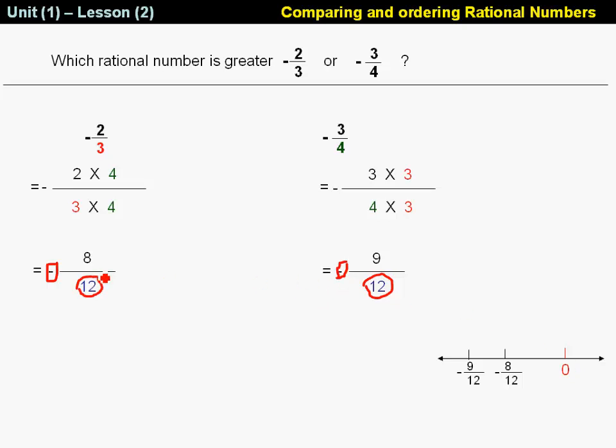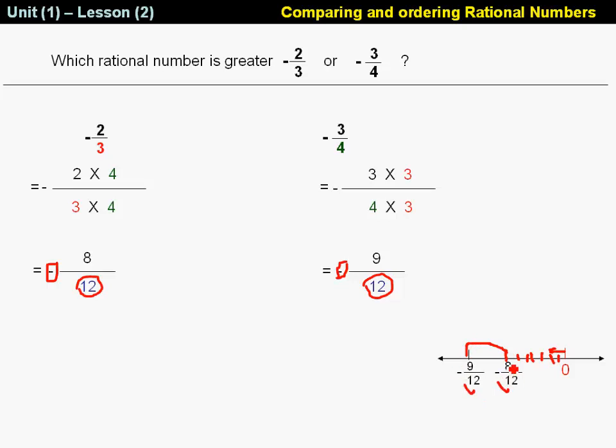The two rational numbers are negative, so I will go from right to left, the minus direction. I will represent minus 8 over 12 on the number line. This is minus 8 over 12, and this is minus 9 over 12.